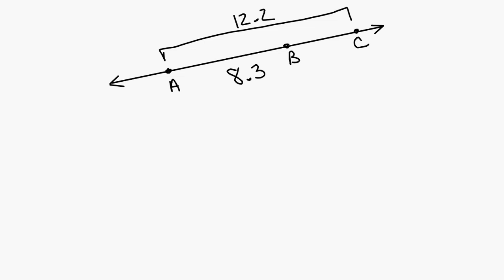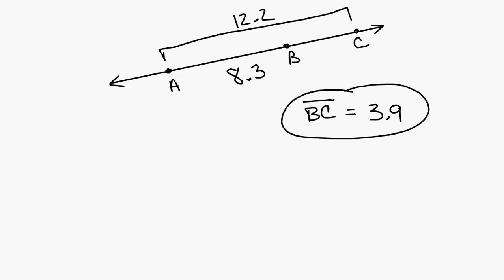And we're asked to find segment BC. 3.9. Anybody not understand how to do that? That's the entire piece minus one of the smaller pieces gives you the other smaller piece. Okay? So everybody all right using subtraction and addition to find segment lengths?